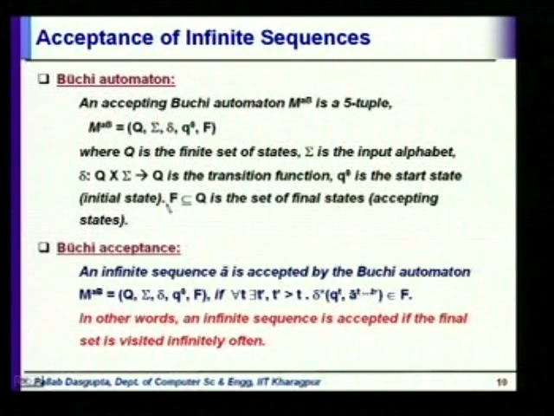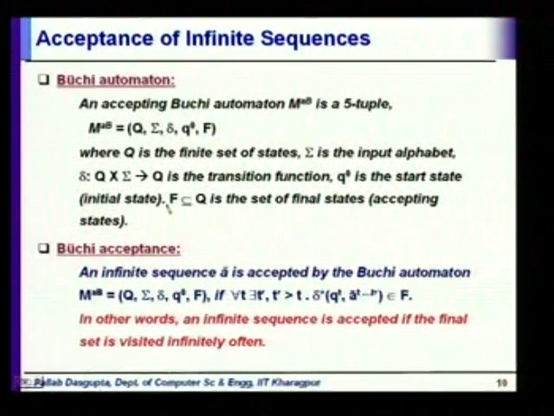What do we mean by infinitely often? Take any point of time, in the future again I must reach a state belonging to F. Take any other point of time, from there in the future I will again reach a state belonging to F. That is what we mean by it occurs infinitely often.